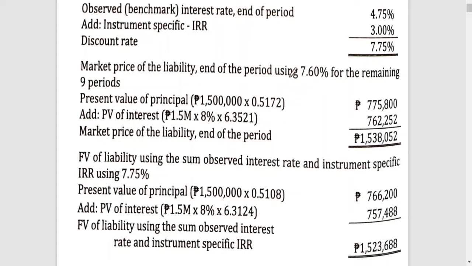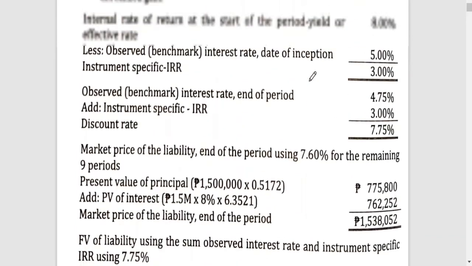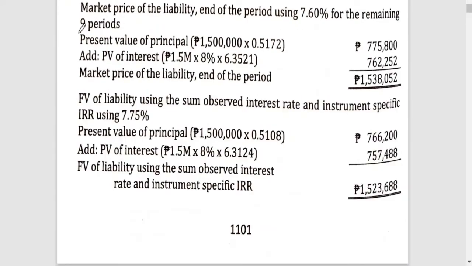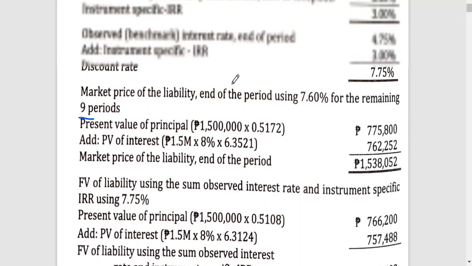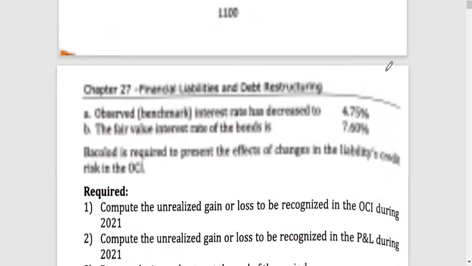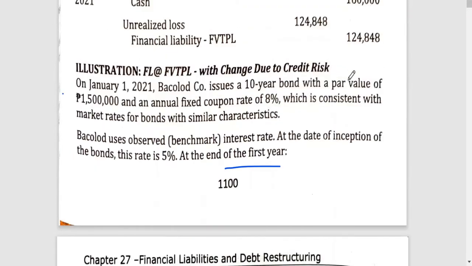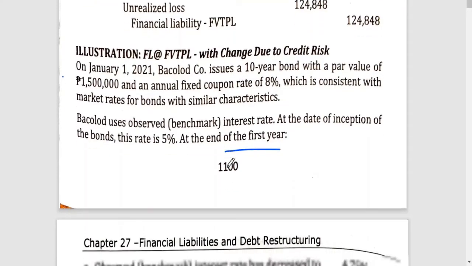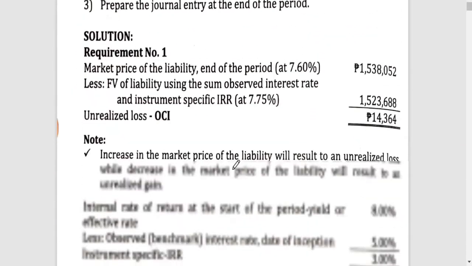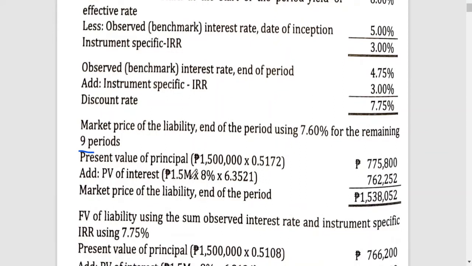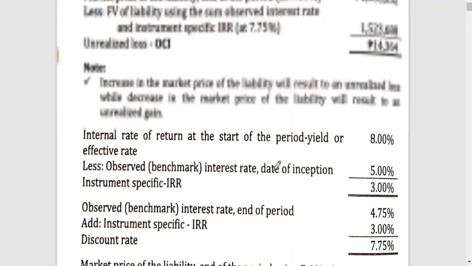We're going to use the interest rate of 7.60, which is the fair value interest rate. Then, use 9 periods. 9 naman siya because the rate here above is at the end of first year. So, diba, 10 years man ang bonds. So, nakuha na siya 1 year. So, 9 periods remaining. Then, for the interest, that's 1.5 million times 8%.